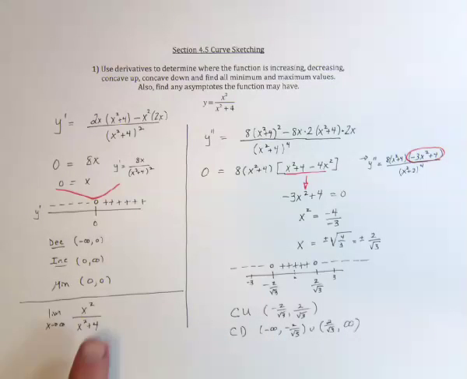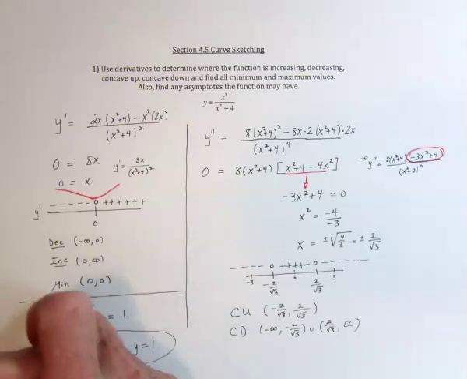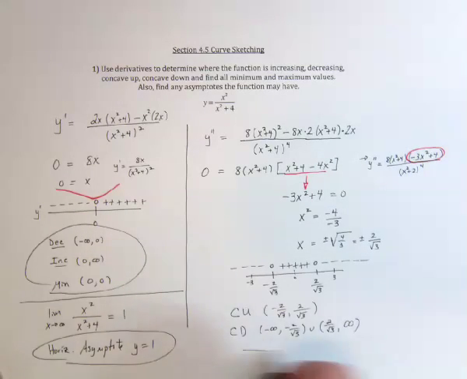Since x is going to infinity, plus 4 doesn't really matter. You've got x squared divided by x squared equals 1. Or you could use L'Hopital's rule twice and you end up with the same thing. And so there's a horizontal asymptote, y equals 1. There are all the pieces asked for.